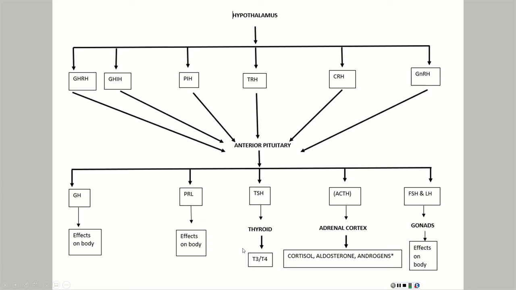So let's just say we draw someone's blood and their T3, T4 is elevated. They have high T3, T4. They have hyperthyroidism. And then we look to see their TSH. Well, their TSH levels are normal.